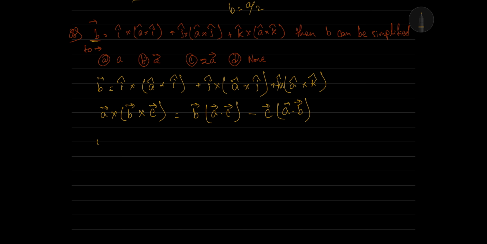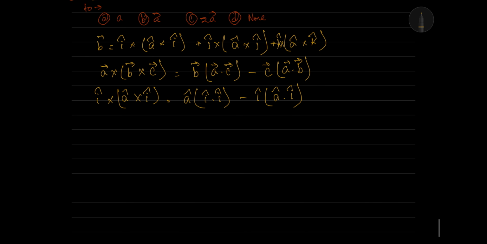From this we get i cross a cross i equal to a into i dot i minus i into a dot i.